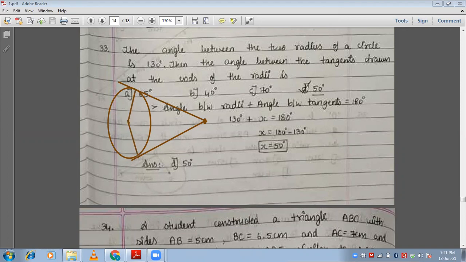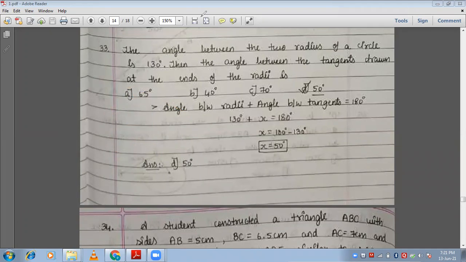The angle between the two radii of the circle is 130 degrees. They have given this as 130 degrees. So you need to find out this angle. According to the property of a quadrilateral, the sum of the opposite angles is equal to 180 degrees. So, 130 plus x is equal to 180. You will get x is equal to 50 degrees. So, option D is correct.